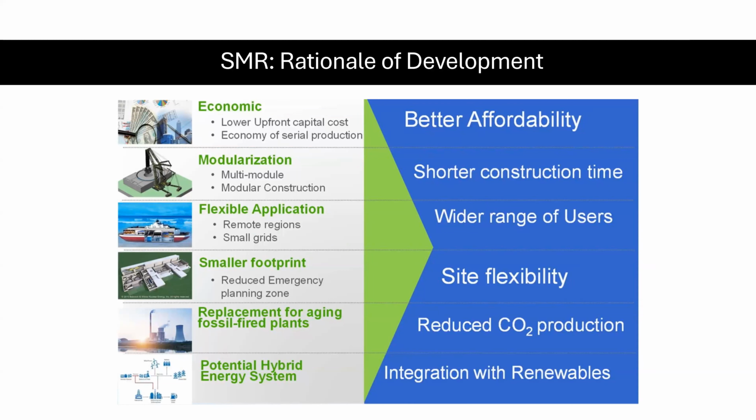Why are small modular reactors considered good? They're cheaper than larger ones because of the modularization. We said they can be fabricated in the factory, and there's flexibility and a smaller footprint. In Europe and the US they are also considered as replacements for aging fossil-fired plants.